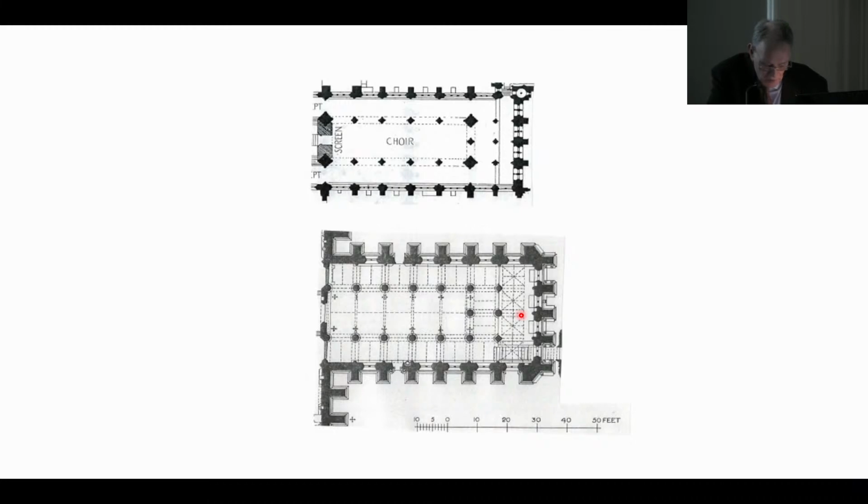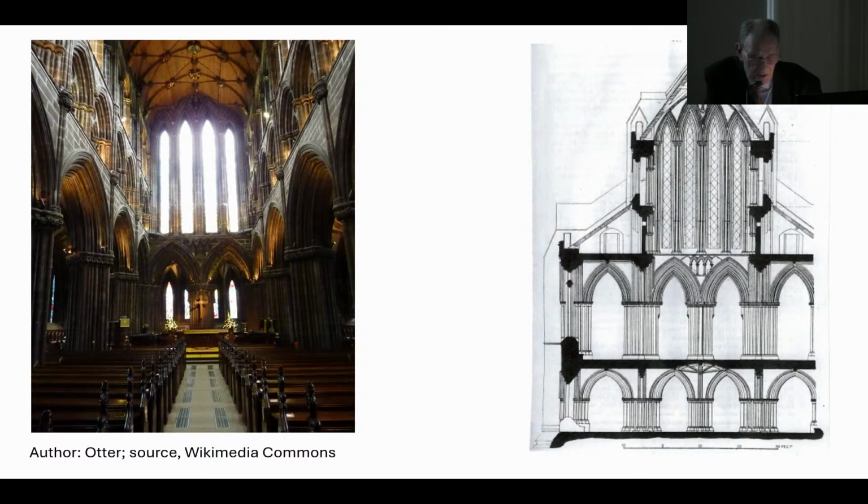Likewise, the choir at Glasgow is already pretty narrow for a building of its size and importance. Here you see a view looking east down the choir to the east gable with those twin arches opening into the aisles underneath it, and a cross-section so that you can actually see the scale.